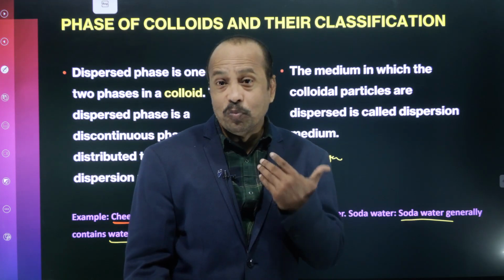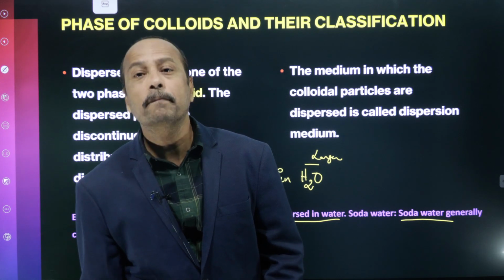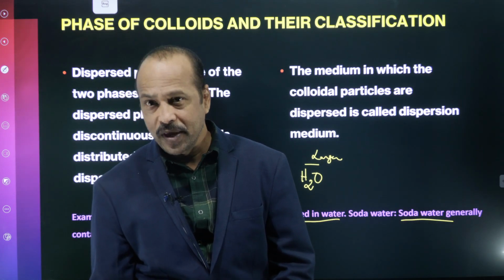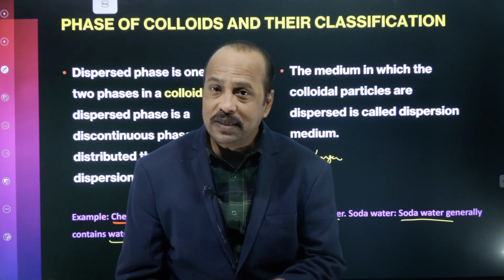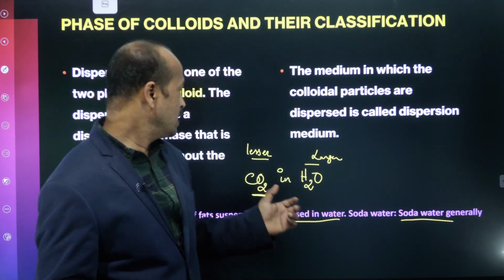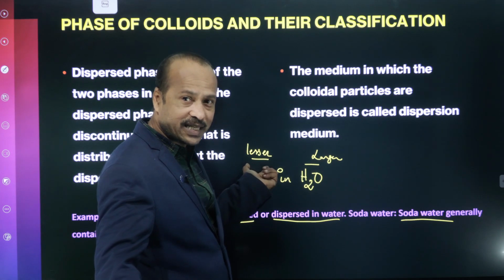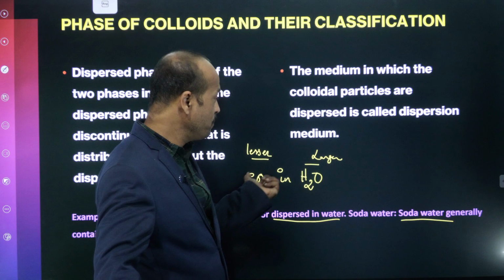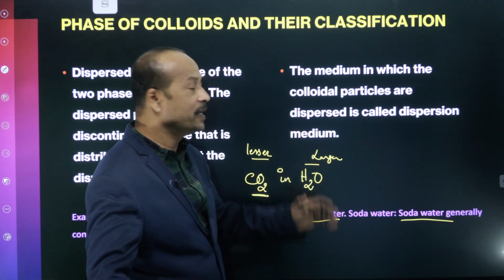So which is more in quantity is called the dispersion medium, and which is less in quantity is called the dispersed phase. For example, here carbon dioxide in water: carbon dioxide is in lesser quantity, so it is the dispersed phase, and water, in larger quantity, is the dispersion medium.